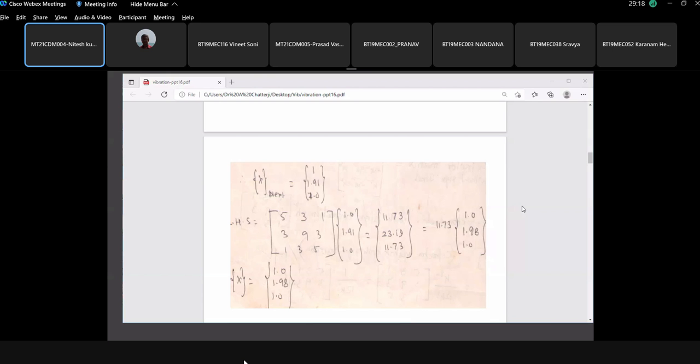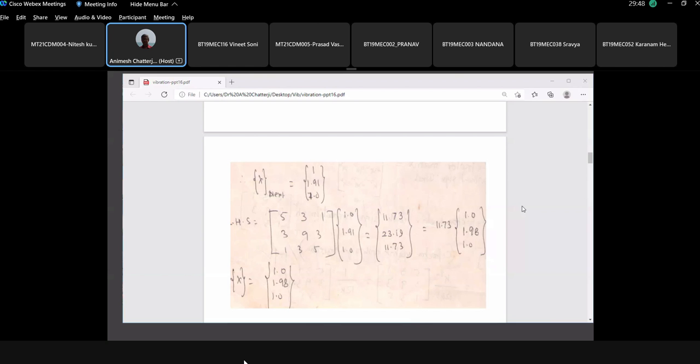So I must modify my sentence that whatever is the starting vector, it will always converge to the first natural frequency. That sentence is not correct every time. I should modify that sentence, except when the starting vector happens to be exactly other mode shapes.